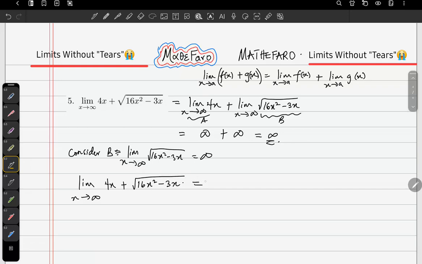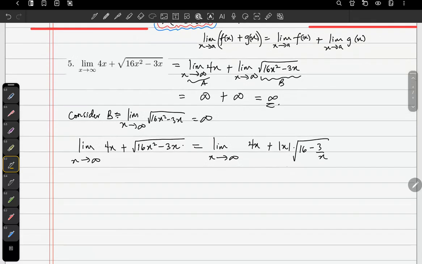So we can factor out, by saying this is the limit as x goes to infinity of 4x plus the absolute value of x times the square root of 16 minus 3 over x. Everybody now knows the trick. And since we are going to infinity, we know that the absolute value of x is equal to x.